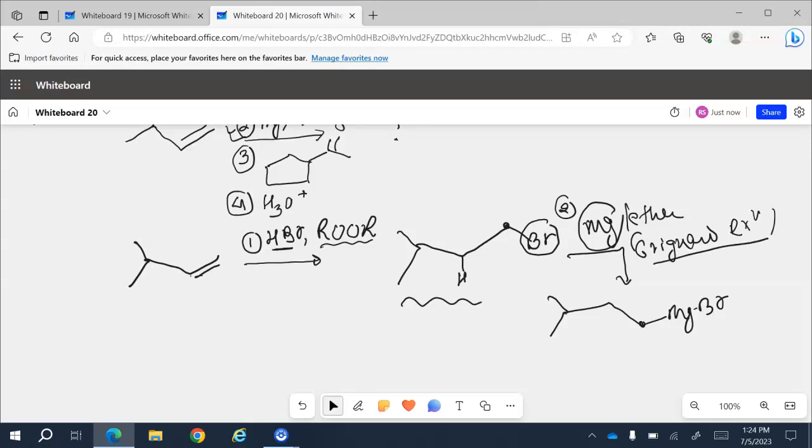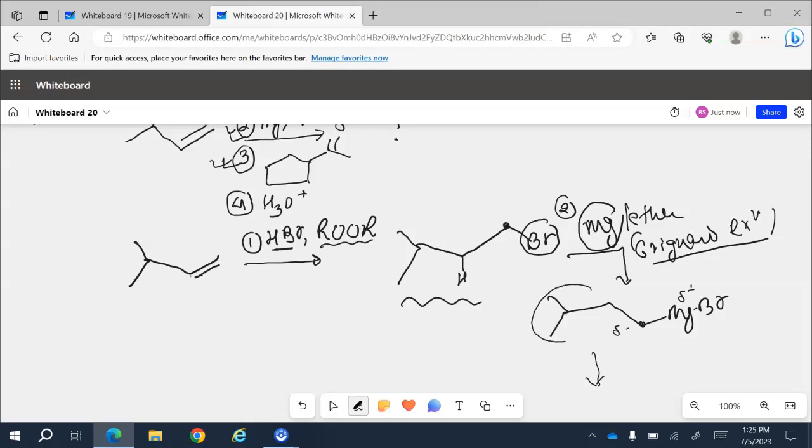Now, the third step is the reaction of the Grignard reagent with the ketone, and you need to know that reaction very clearly. In the Grignard reagent, the carbon attached to the magnesium will be slightly negative and magnesium will be positive.